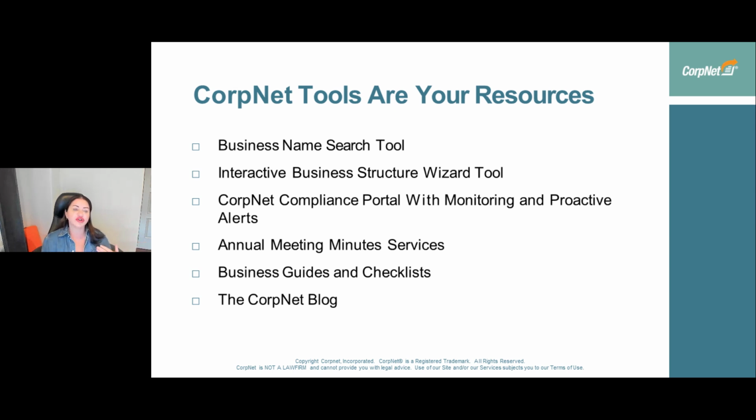So for example, one of our tools is a business name search tool that you can come and search unlimited names in any of the 50 states to see if that corporate name is available for use in those states. We also can take it a notch higher and see if that name is available in all 50 states by doing a free trademark search.